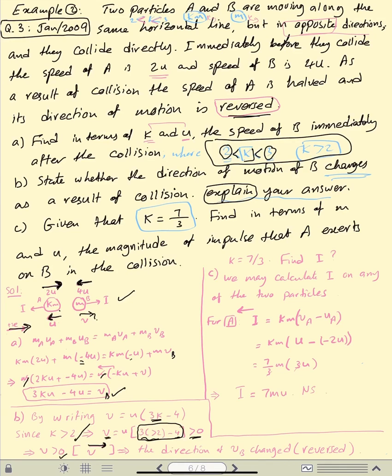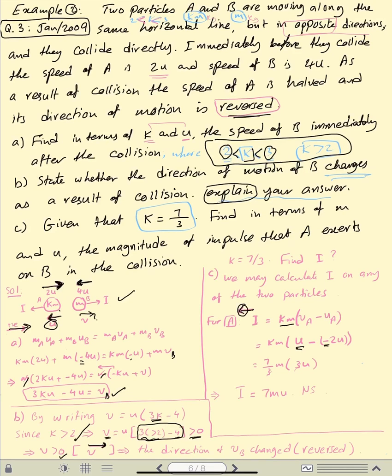In the previous example, we took the impulse for B. We'll take it here for A. So this is the direction of impulse for A. So I is equal to the mass of particle A times VA minus UA. So I is equal to Km times U, VA is U, minus negative 2U, because 2U is in this direction, so I put it with negative.